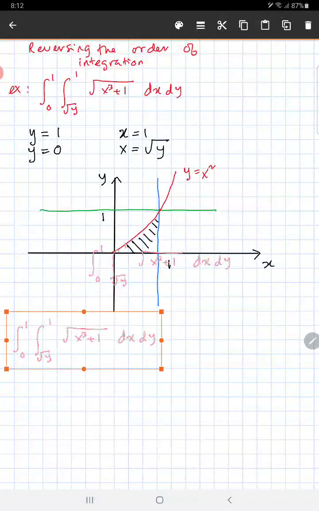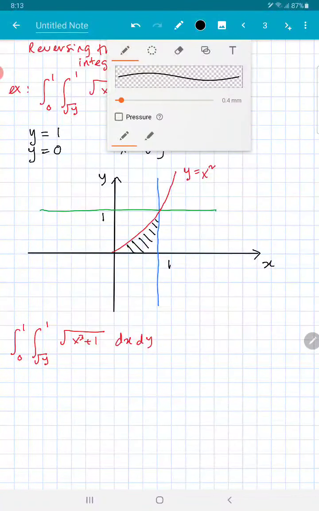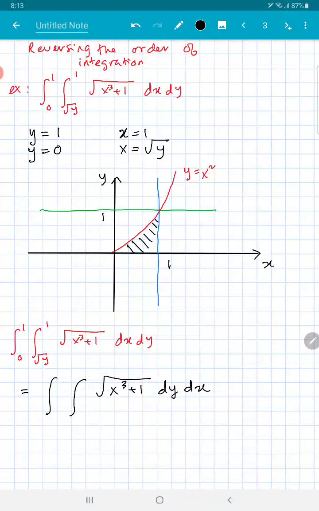So here we have our double integral. Now we want to reverse the order of integration, meaning the order of integration is now dy and then dx. So x would be from a constant to a constant. Remember, the outer integral limits must always be from a constant to a constant.